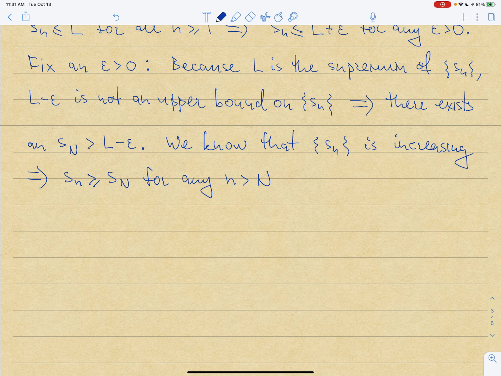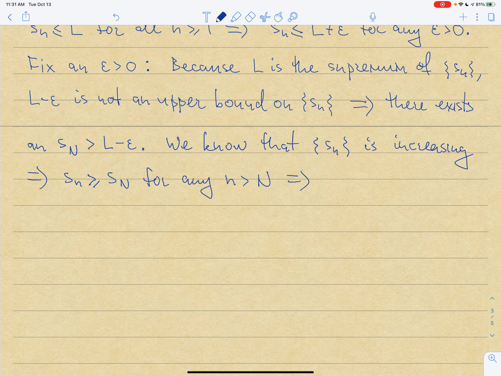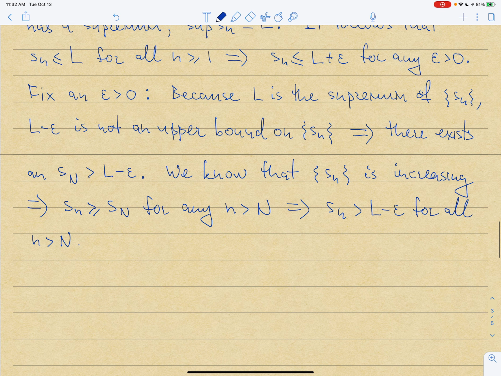But I know that S big N was chosen in such a way so that S big N is greater than L minus epsilon. So then by combining these two inequalities, I conclude that S little n is going to be greater than L minus epsilon for all n greater than capital N. And so now I have two things.